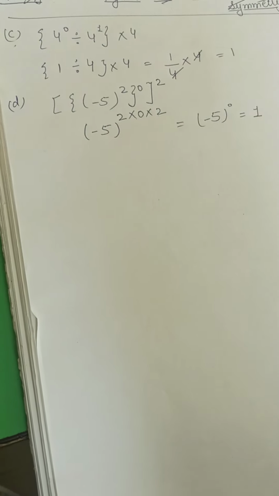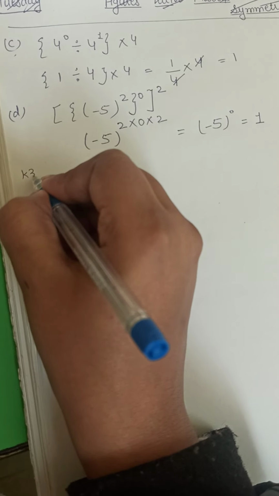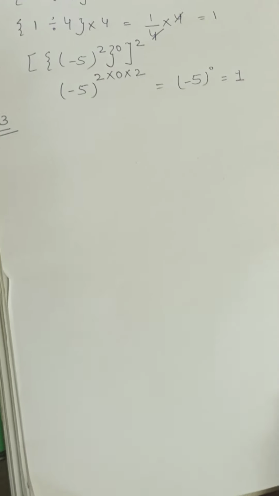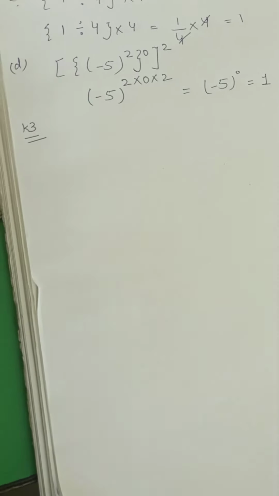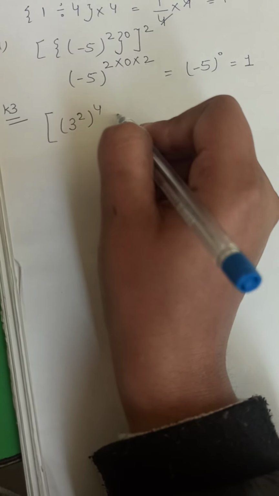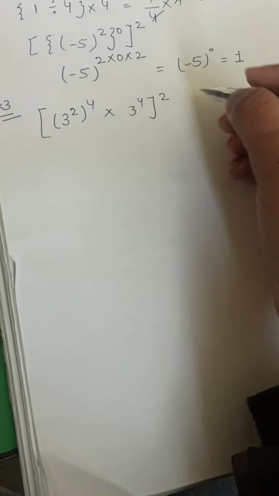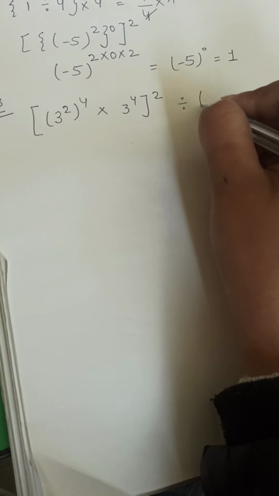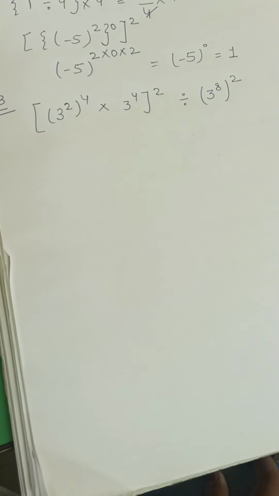Now, come to K3. Simplify and write the following expressions in the exponential form. Now these we have to write in the exponential form, and the question is 3 to the power 4 multiply 3 to the power 4 to whole the power 2 divide by 3 to the power 8 whole the power 2.